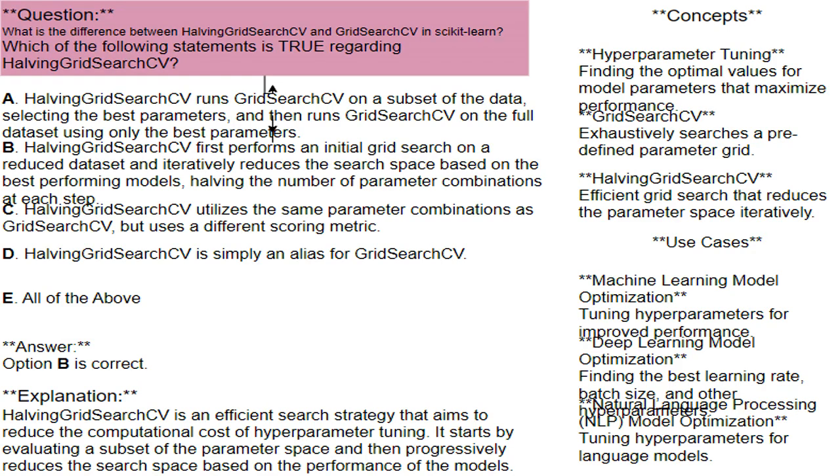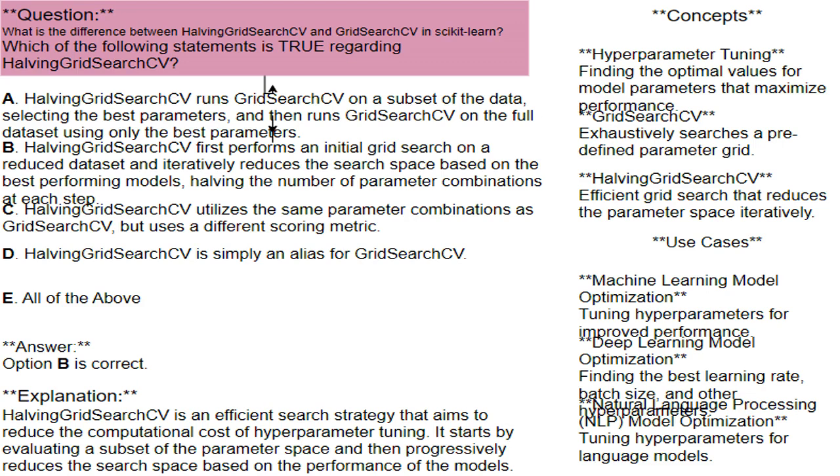Halving grid search CV, an efficient grid search that reduces the parameter space iteratively. Halving grid search CV addresses the computational cost of grid search CV by starting with a reduced dataset and halving the number of parameter combinations at each iteration based on model performance.